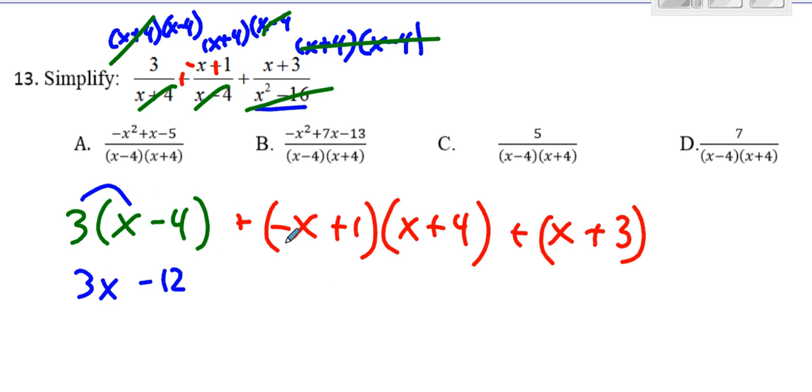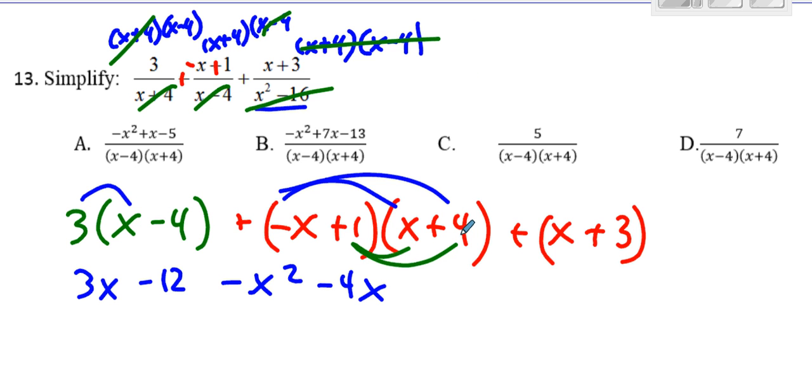So 3x minus 12. Distribute this. Negative x squared minus 4x. And distribute the 1. Get plus x plus 4, plus x plus 3. Combine all your like terms. So we've got a negative x squared.